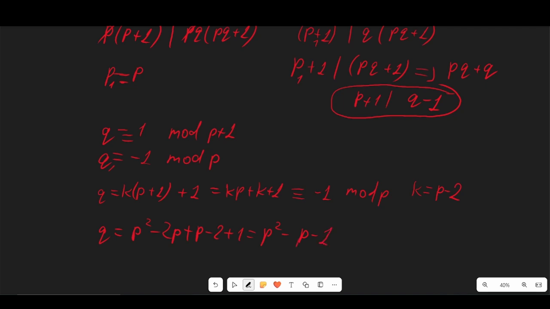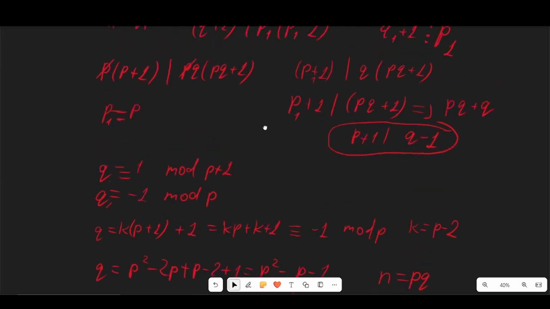So we have shown that every peculiar number is p times q. The connection between p and q is this: q must be represented as p squared minus p minus 1. And so we can see that every prime number can also be a divisor of at most 3 peculiar numbers.